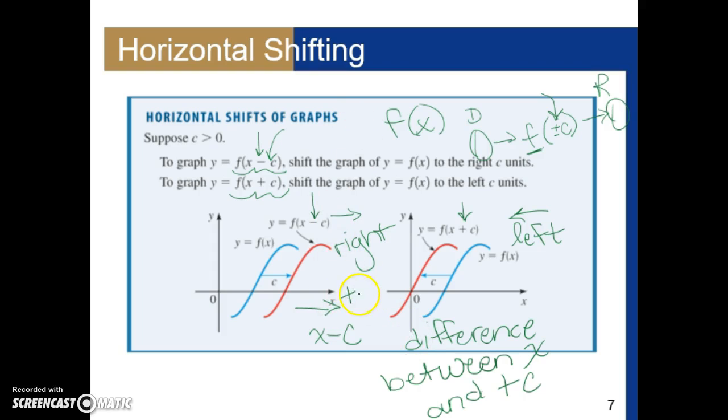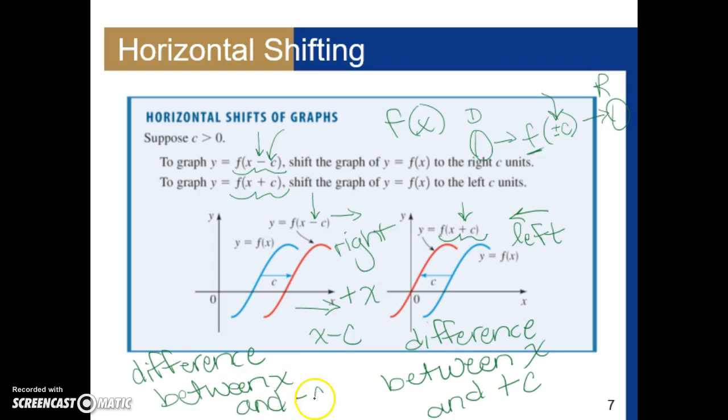This is in the positive x direction. And for this notation, that is the difference between x and negative c. So that's why it's movement in the negative direction.